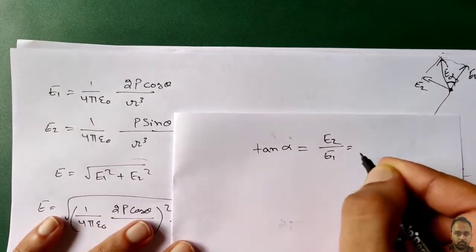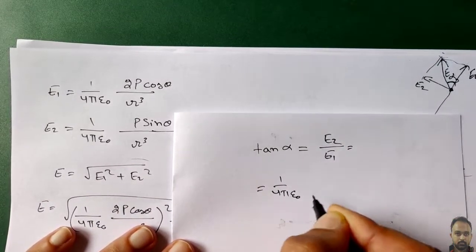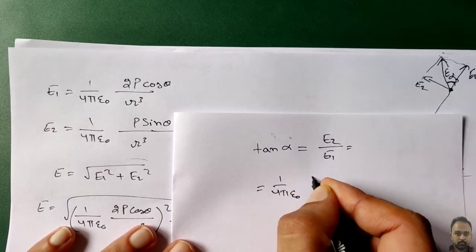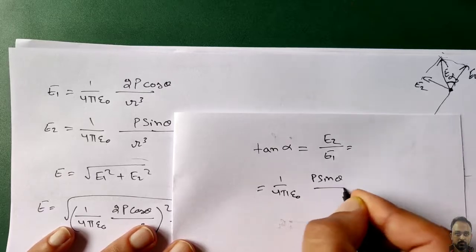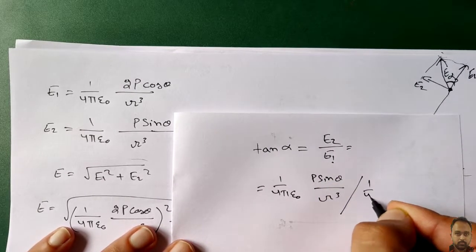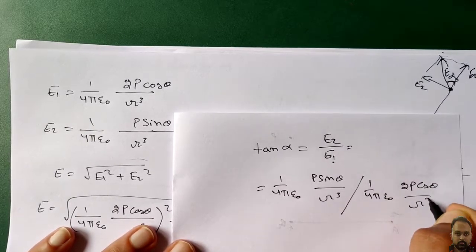So we have here the E1 and E2. The value of E2 first, 1 over 4 pi epsilon naught p sine theta over r cube over this E1. E1 is 1 over 4 pi epsilon naught 2p cos theta over r cube.